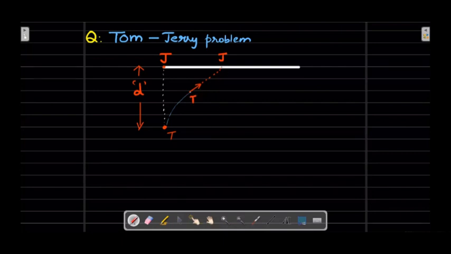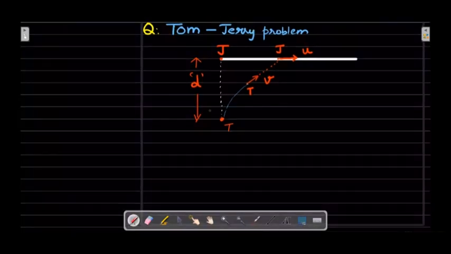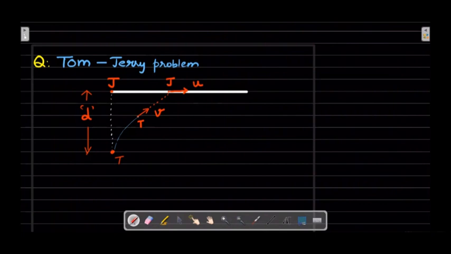Jerry is always moving towards the right with a speed u, and Tom's speed is always v. So this is the condition. This white line is Jerry's path, and the blue line is Tom's path, like this.